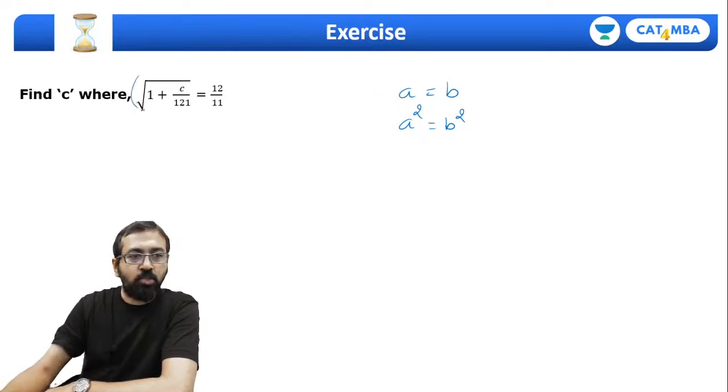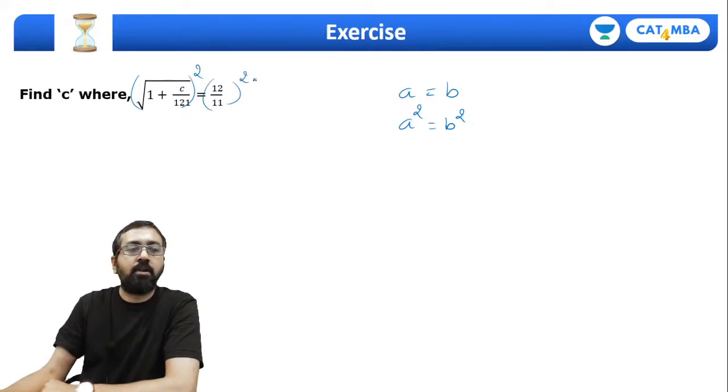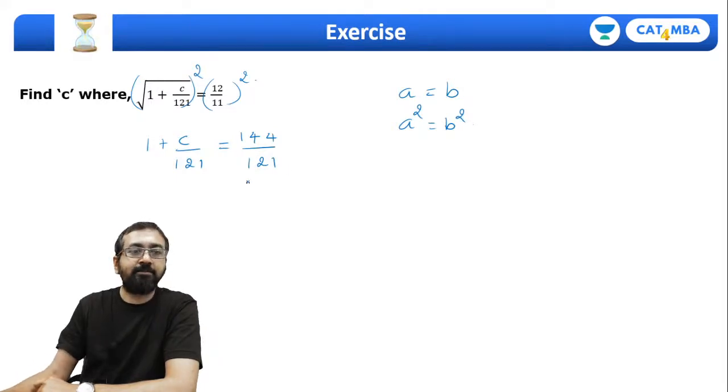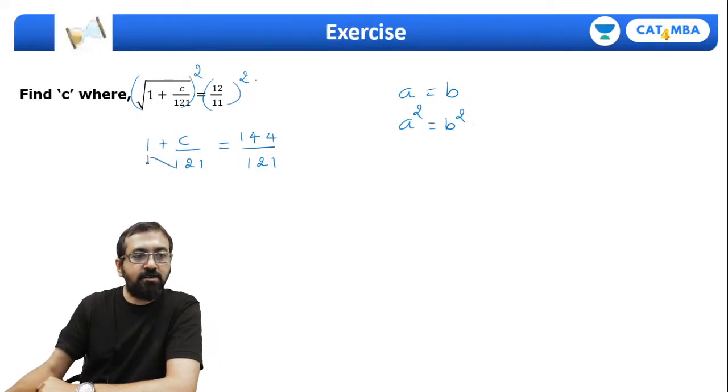So let's make square on both sides. So this will become 1 plus c upon 121 is equal to, what is 12 square? It's 144 divided by 121, right? Now you'll just multiply it over here. So 121 plus c divided by 121 is equal to 144 divided by 121.